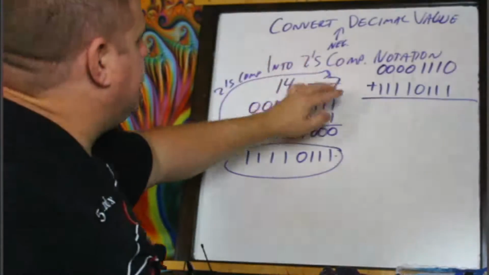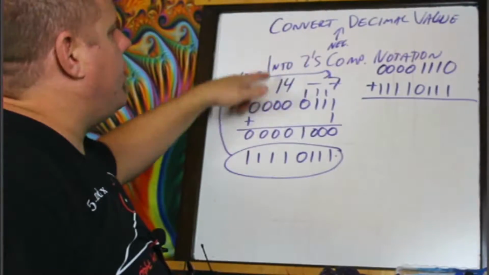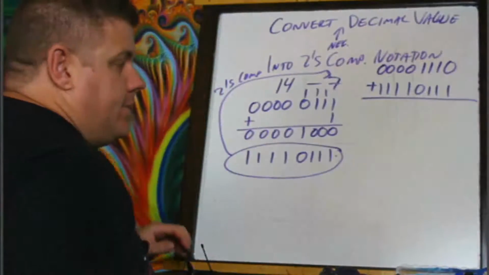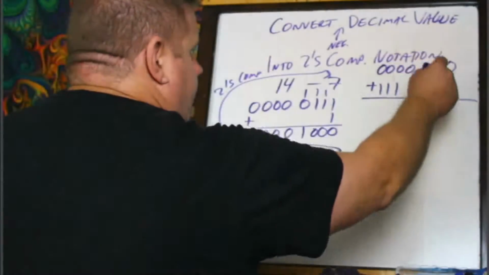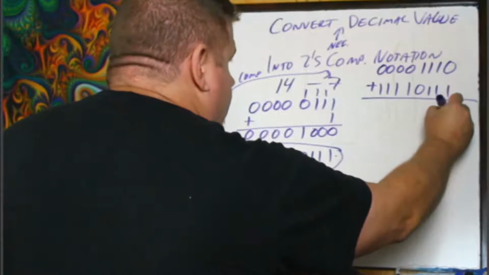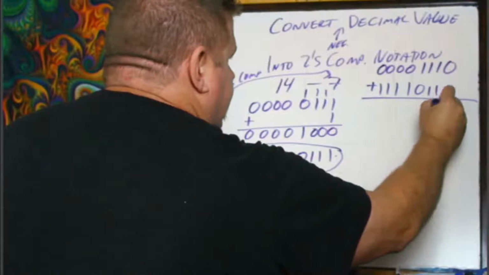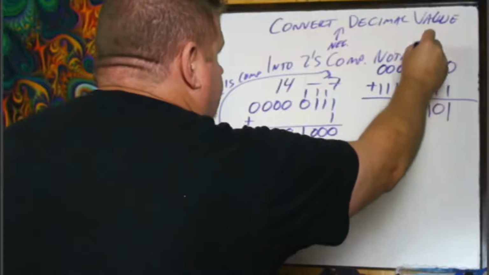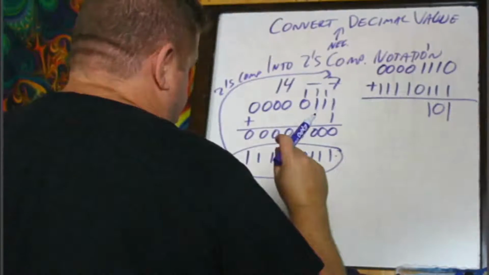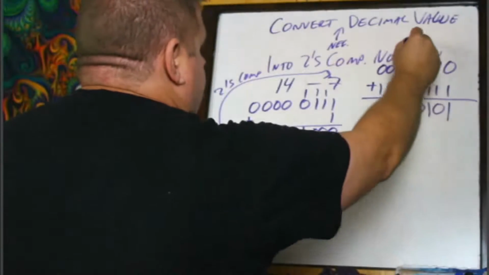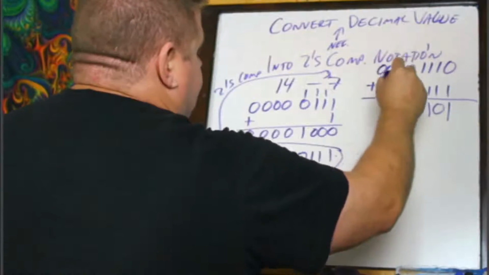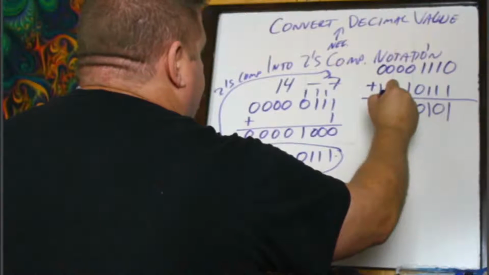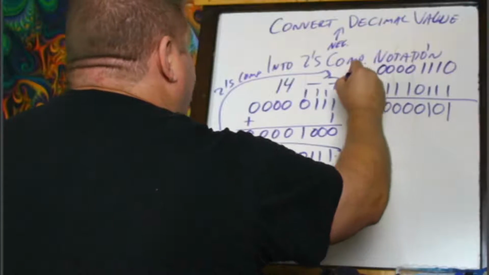So now, instead of subtracting 7 from 14, we're adding its 2's complement to 14. So over here, 1 plus 1 is 2, carry the 1. 1 plus 1 is 3, that's 1, carry the 1. 1 plus 1 is 2, that's 0, carry the 1. 1 plus 1 is 0, carry the 1, and so on down the line.